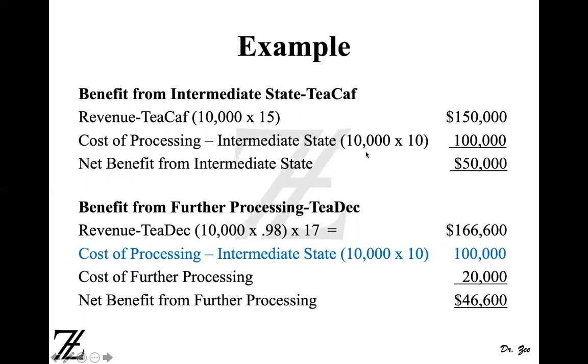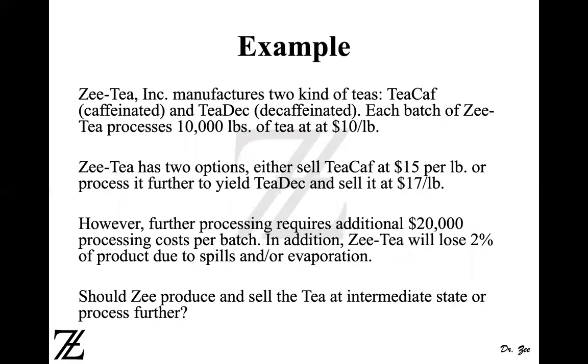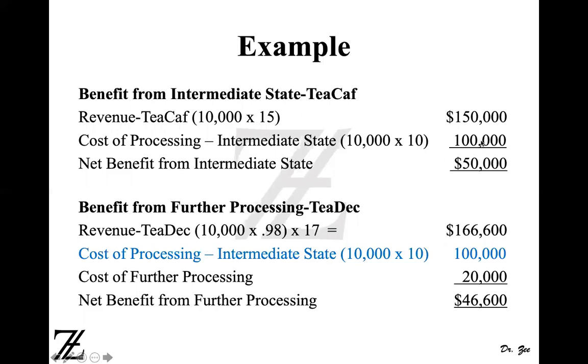The cost of processing at the intermediate stage is $10 per pound. So this is given here, right? The price was $15, the cost is $10. So you get $100,000 for cost. So you will make $50,000 if you sell it at the intermediate state.